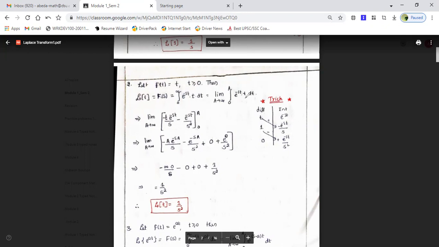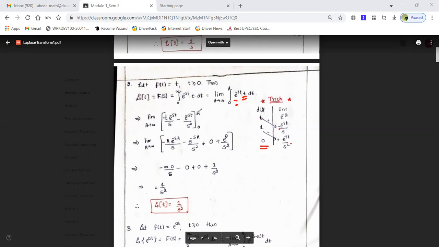This trick you have to use whenever your differentiation tends to 0. For example, if I take t as a function and take the multiple differentiation, it will tend to 0. And for integration I'm considering, cross multiplying with positive and negative signs. So that is t into this, minus 1 into this.